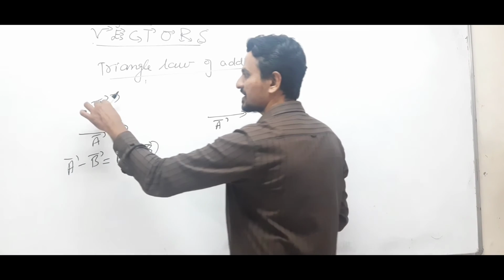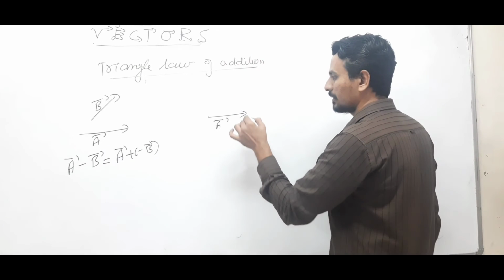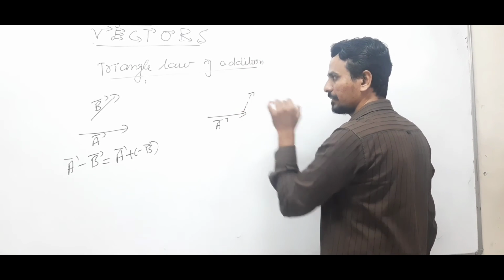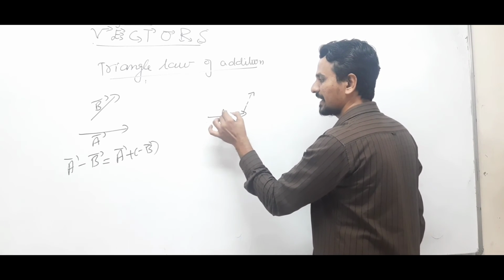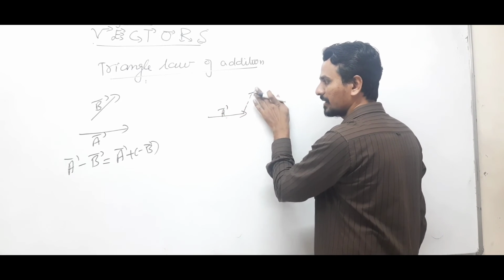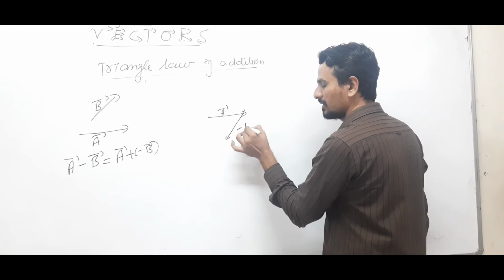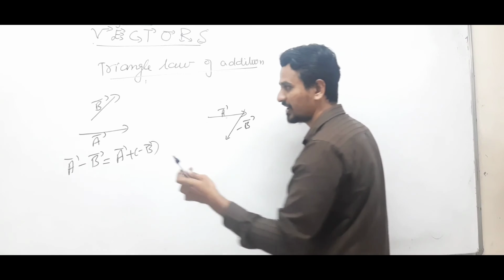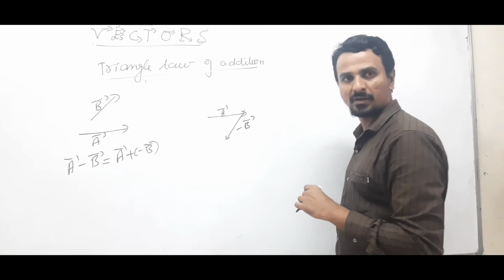If this is your vector B, then minus B will be opposite to B. This was your vector A, this is vector B, and minus B will be this way, because originally B was this way.